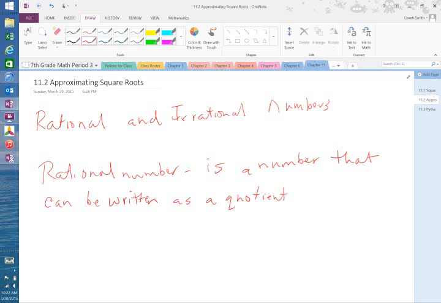You need to write this down. Basically, when they say the word quotient, they're talking about it can be written as a fraction. Okay, a quotient is a division problem.